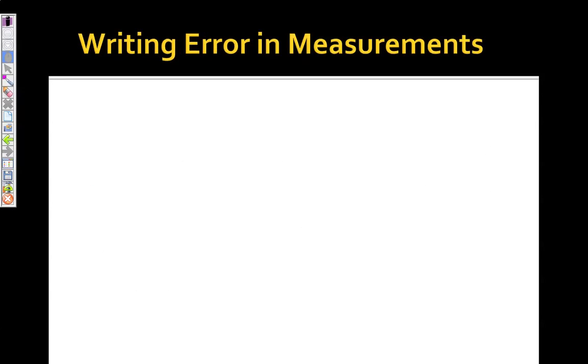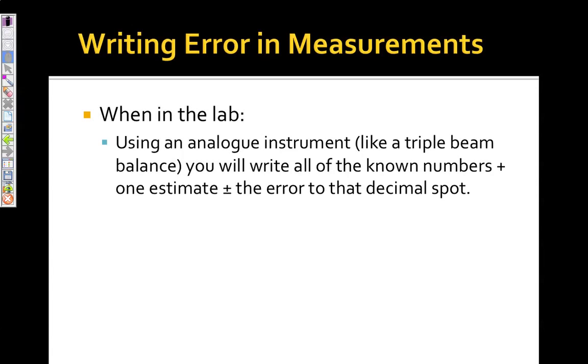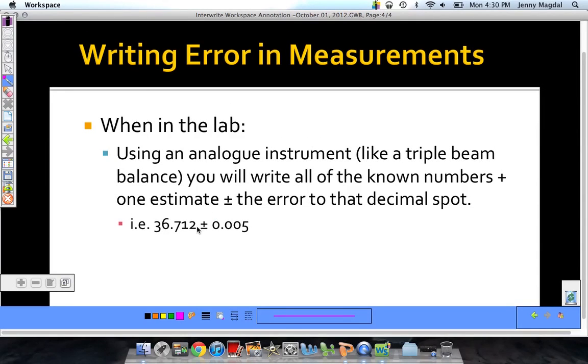When we are in the lab and we're writing out our error values, if we're using an analog instrument like a triple beam balance or graduated cylinder, you're going to write all of the known numbers plus one estimate. We just saw that a little bit ago, plus or minus the error to that decimal spot. So if we have 36.712 as my value of my analog device, we know that my known numbers are the 36.71, and the 2 is my estimate.